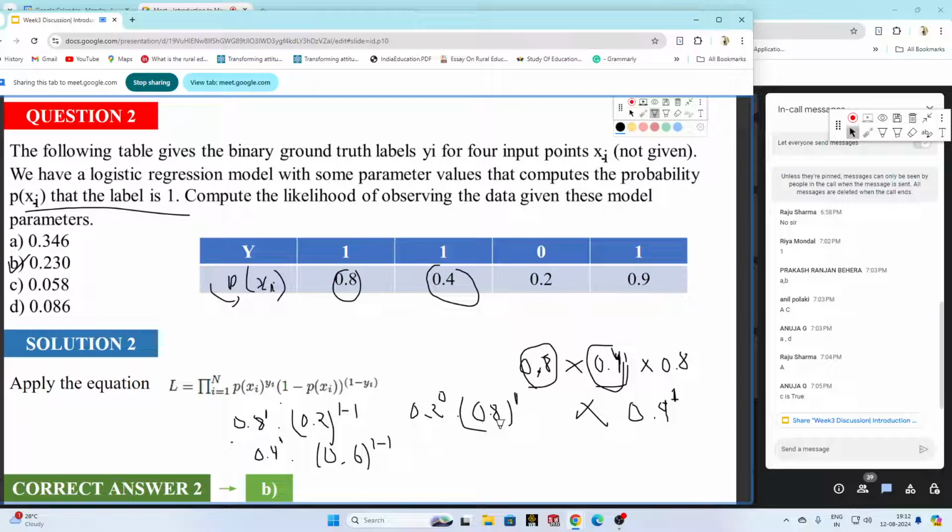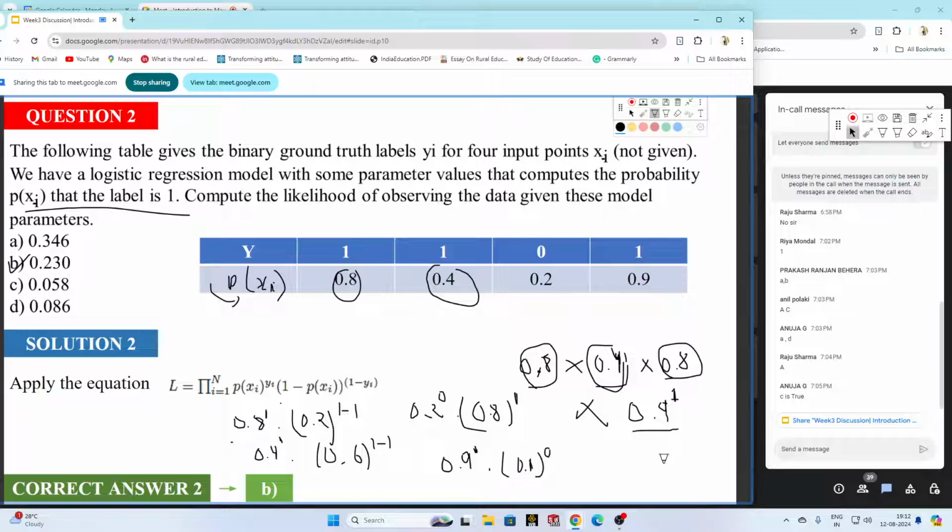So 0.8 to the power 1 is 0.8. The fourth is 0.9 to the power 1 and 0.1 to the power 0, so 0.9. When you multiply these, you will get the result. Is it clear?